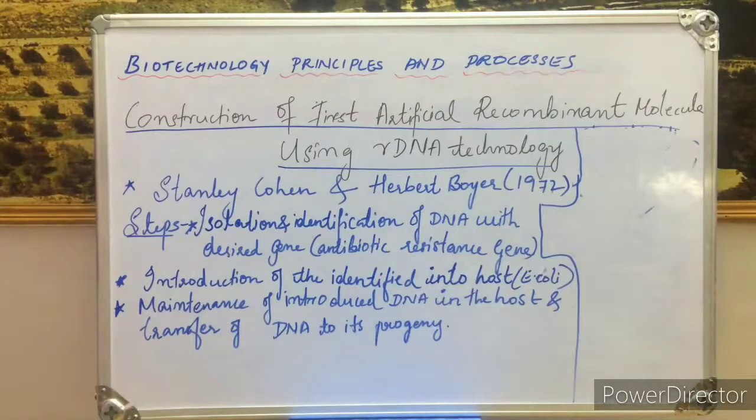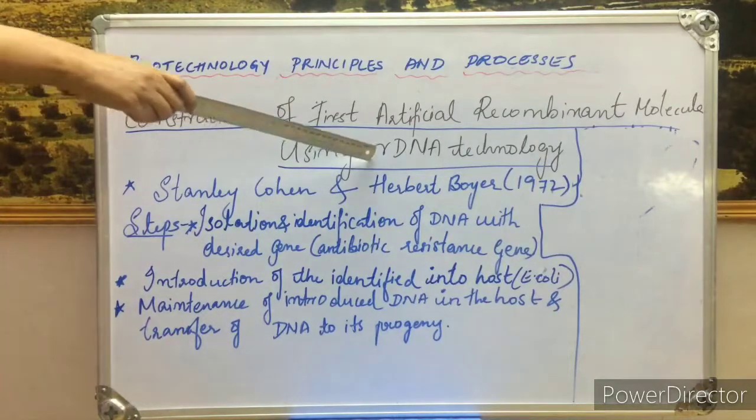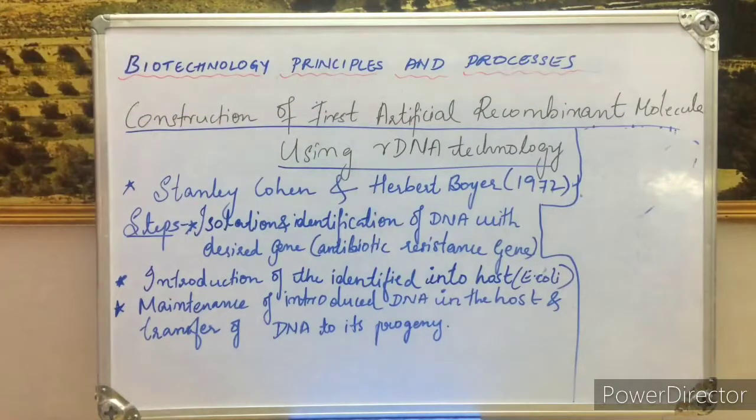All these are terminologies and processes that we are going to use while constructing a recombinant DNA using genetic engineering or recombinant DNA technology. So one example we can see is the first construction of an artificial recombinant molecule.